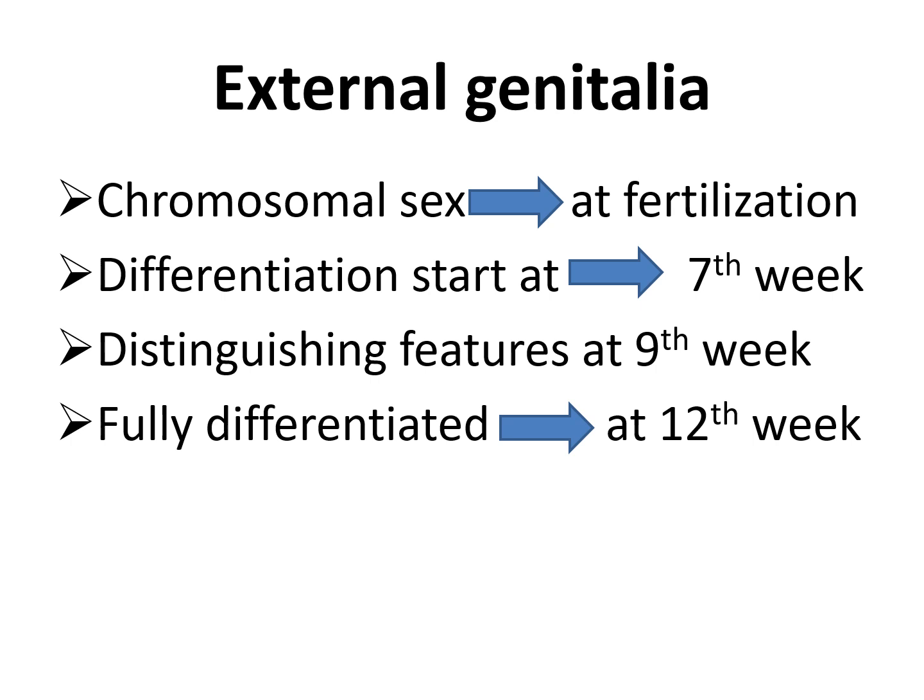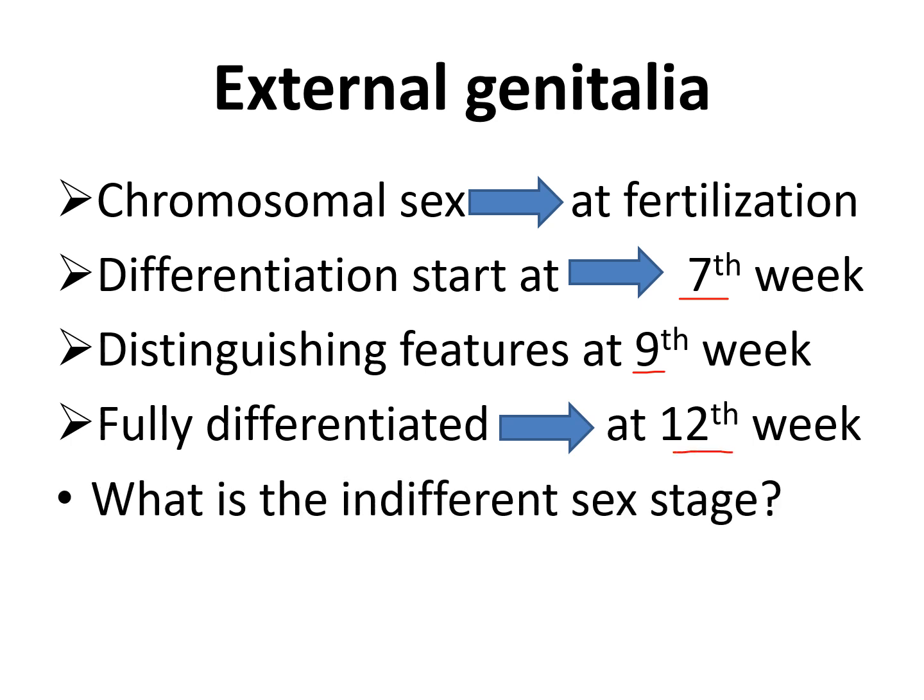Okay, so this is very important. The start at the 7th, some distinguishing features at the 9th, but fully differentiated at the 12th. So what is the indifferent sex stage? This is the stage before the 12th week, where the external genitalia of the baby are indifferent or undifferentiated.